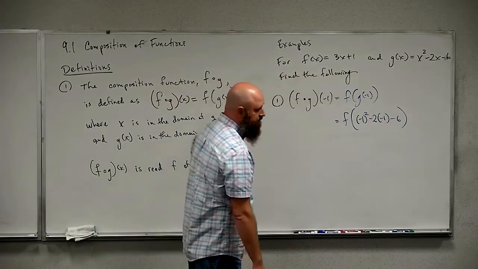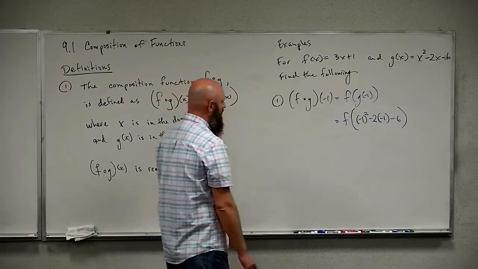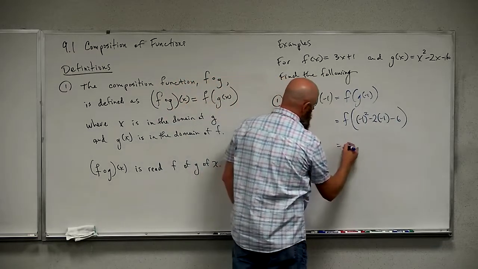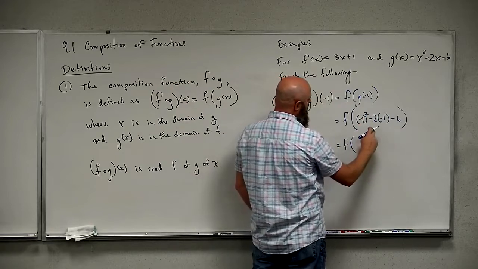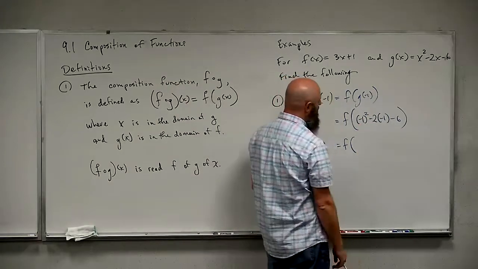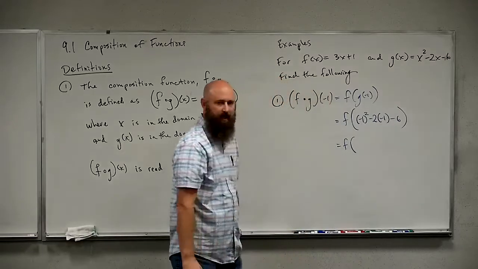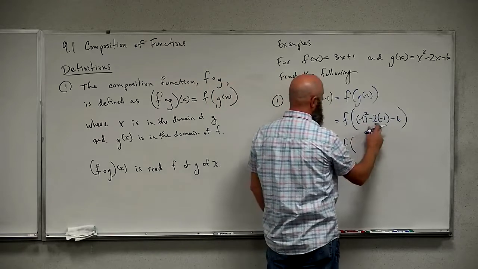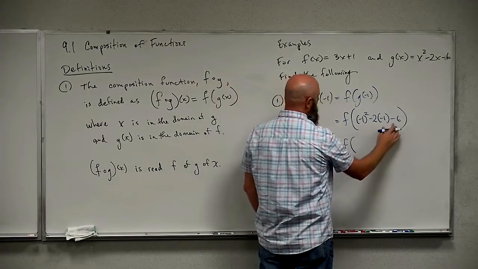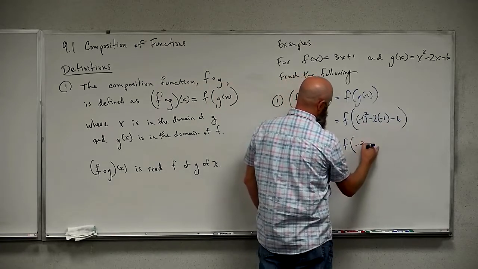Now we'll do all that math work, simplify that piece. So negative 1 squared is 1 minus 2 times negative 1 there. That's going to be plus 2. So we're up to 3. 1 plus 2 is 3. Minus 6 is a negative 3.